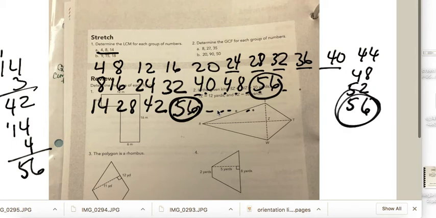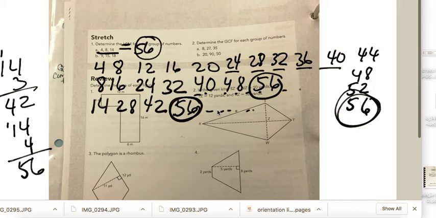Look, we have a match, guys. The least common multiple between 4, 8, and 14 was 56. There we go. So you got one of your answers right there.